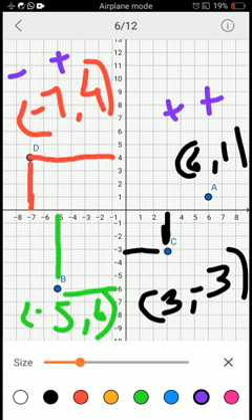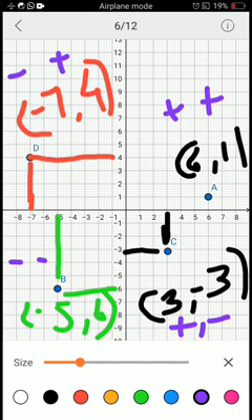In the third quadrant, the x coordinate and y coordinate both are negative. Both are negative. Clear? And in the fourth quadrant, I have x as positive and y as negative.